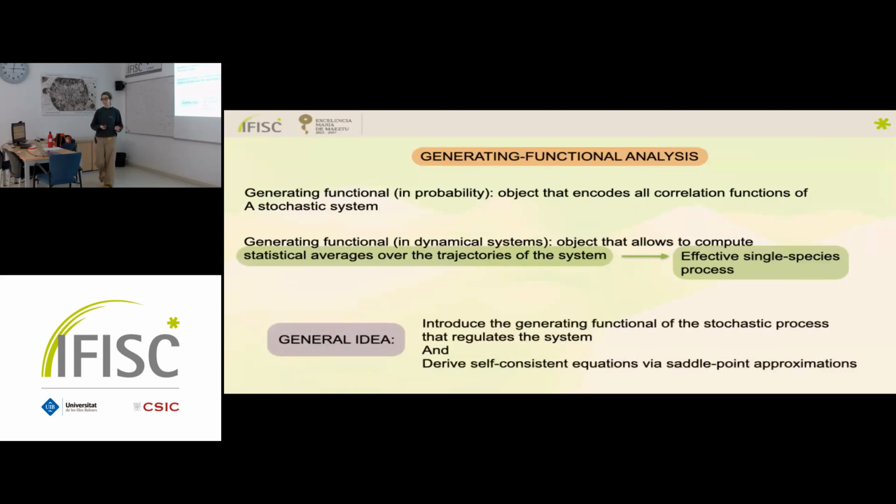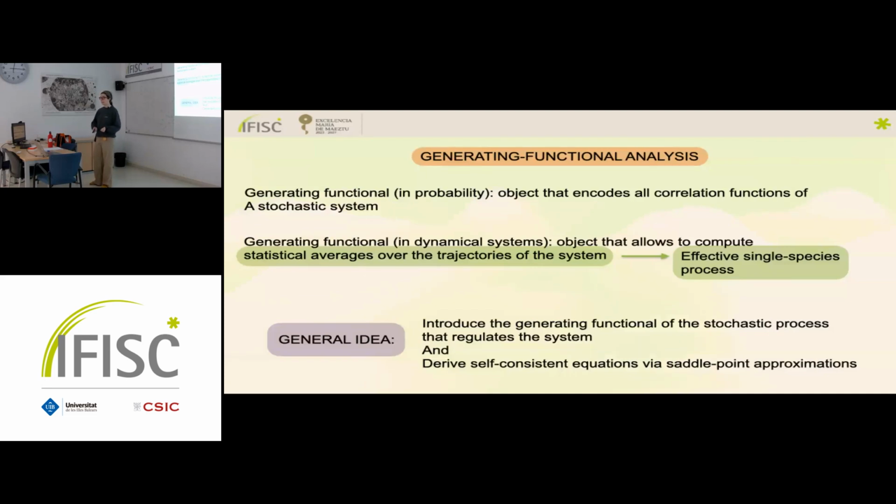The general idea, to make it as simple as possible, is that we build the generating functional of our stochastic process, where the stochastic process in our case is the Lotka Volterra dynamics. Once we build the generating functional, we derive some self-consistent equations via saddle point approximations.